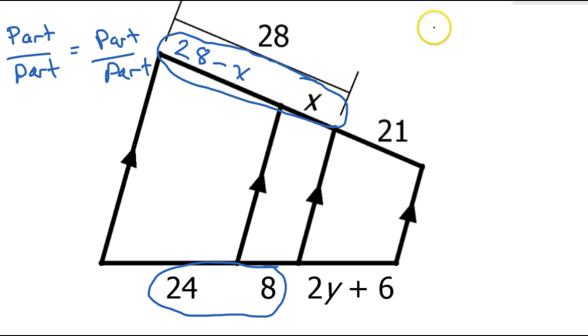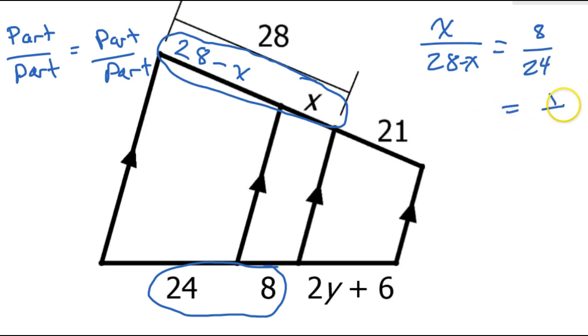So I think I'll do x over 28 minus x. Then I need to do 8 over 24. Now 8 over 24 reduces down to 1/3. So I've got x over 28 minus x is equal to 1/3.